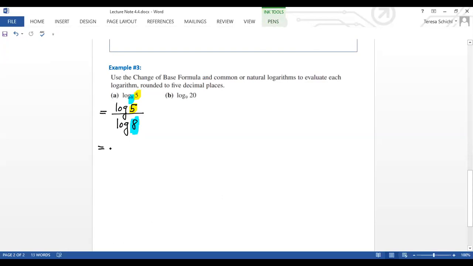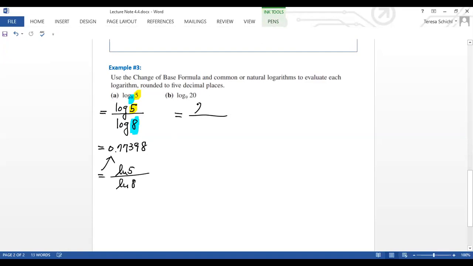So what are you going to get? You're going to get 0.77398. If you use ln 5 and ln 8, you will get the same thing. That's the beauty of it. Now let's take a look at this one here, log base 9 of 20.